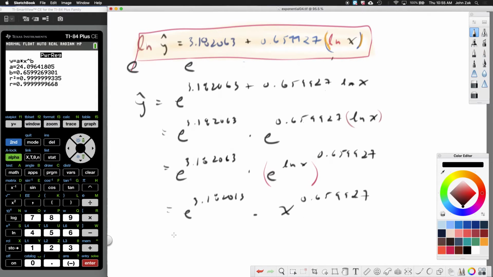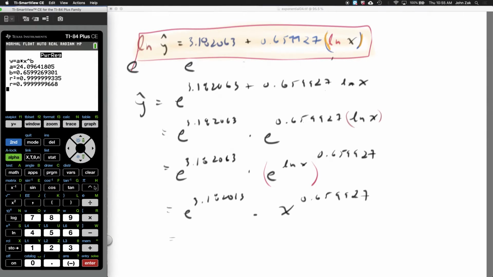So the only thing that I'm going to have to do is simplify what this e guy is over here. And so if I go to my calculator and I say, oh, calculator, please tell me what is e raised to the 3.18206, oh, excuse me, it's not a 1, I almost misread my hand, 6, 3. My calculator says, oh, where'd my pen go?